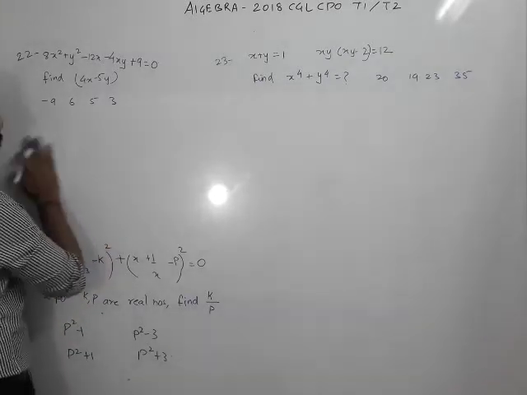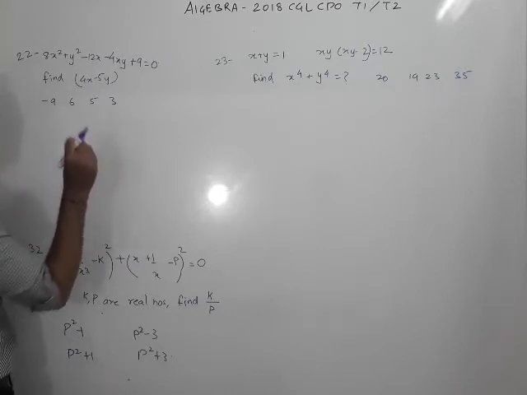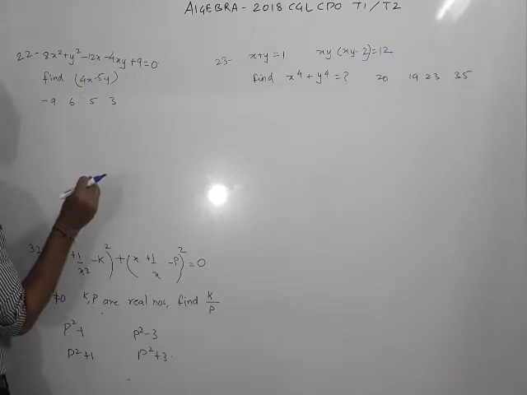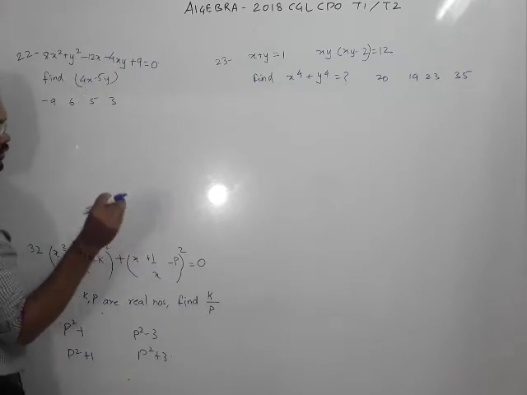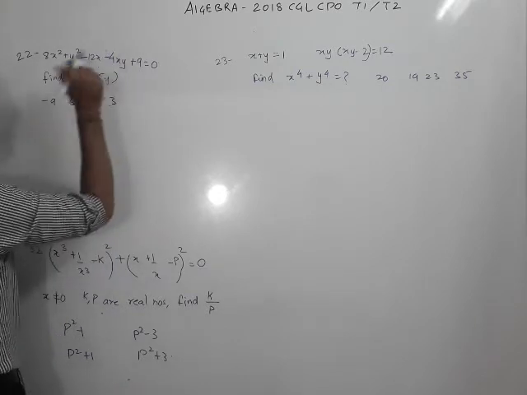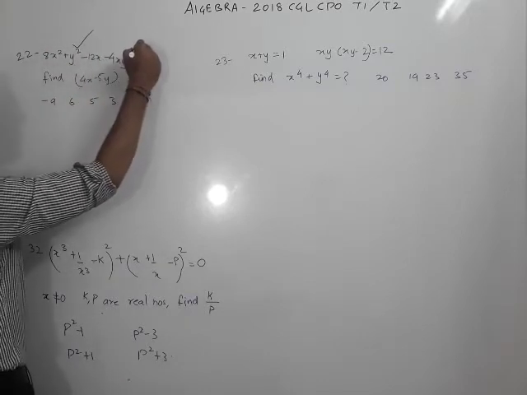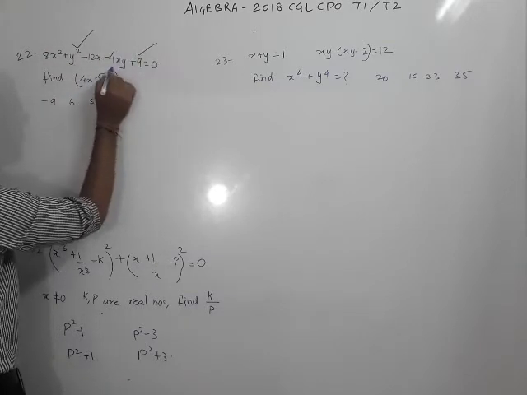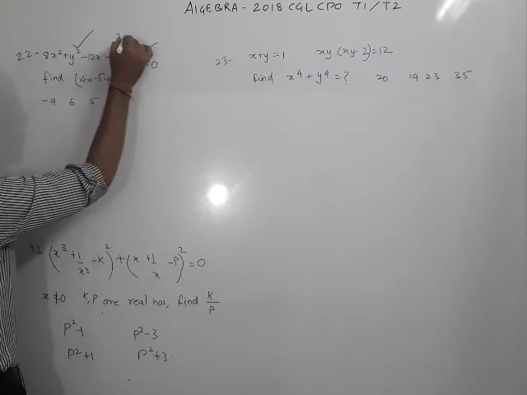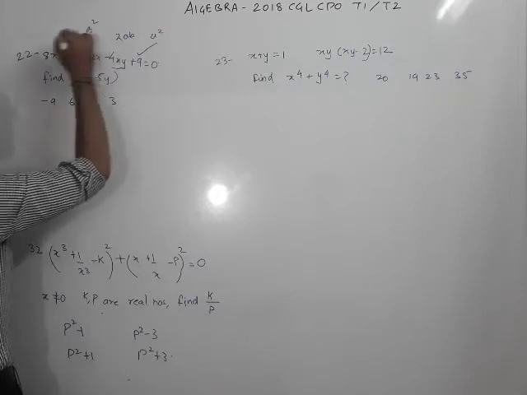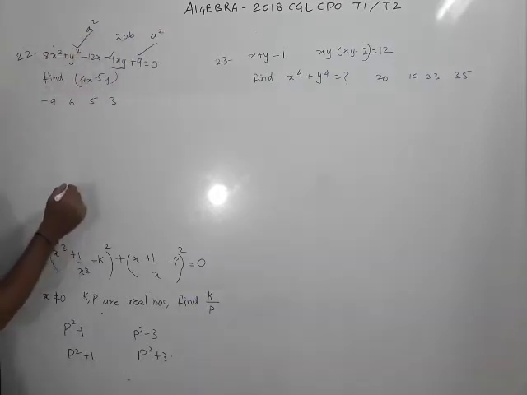Now what you have to do is, if this is given, I need to have the value of x. If I see it properly, I can see that there is one square term, a second square term, and one 2ab form. This is a square form, this is a square form, this is also a square form.